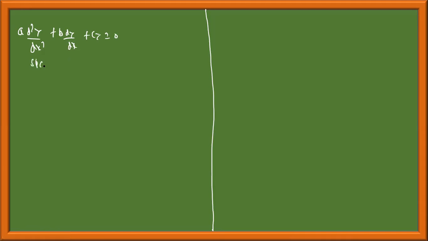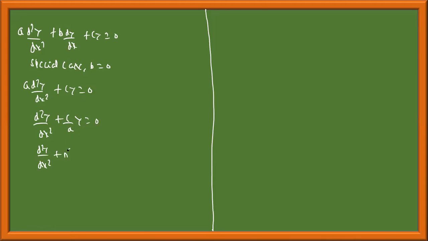I will consider a special case which we will be using in this chapter, where b = 0. This turns out to be a d²y/dx² + cy = 0, or d²y/dx² + (c/a) y = 0, or d²y/dx² + n²y = 0, where n² = c/a, n = √(c/a).